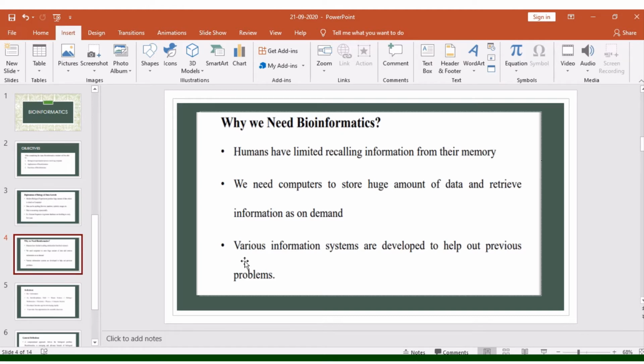Various information systems were developed to help with this problem, which is mentioned as the existing system. Whatever problems you face in your existing system, you want to find the solution and develop a proposed system for future enhancement and error-free control also. These are the things needed in bioinformatics.